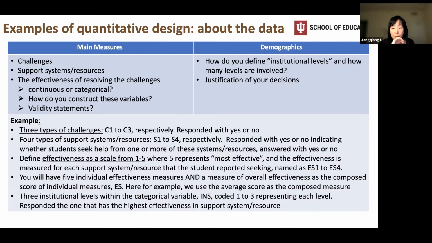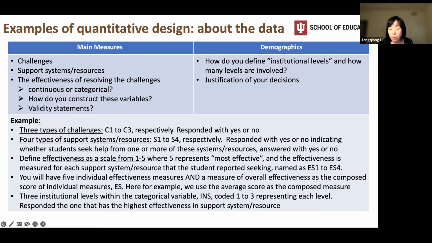And it's a similar way to collect data for the support systems or resources. For example, if we identify 4 types of support systems or resources, we again ask our participants to respond with yes or no, indicating whether they will seek help from those support systems or resources.